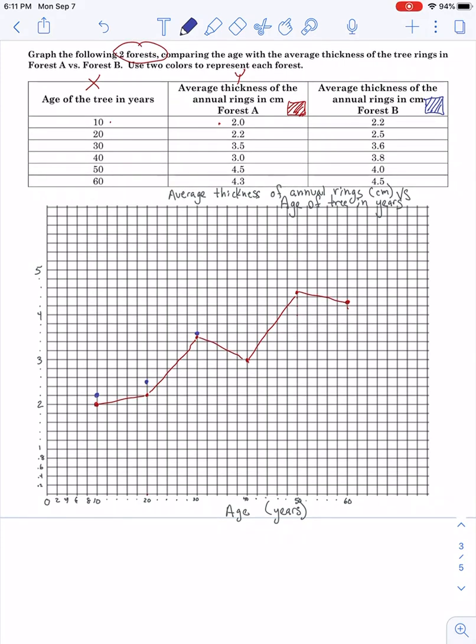Age 40, 3.8. Age 50, 4.0. And age 60, 4.5.